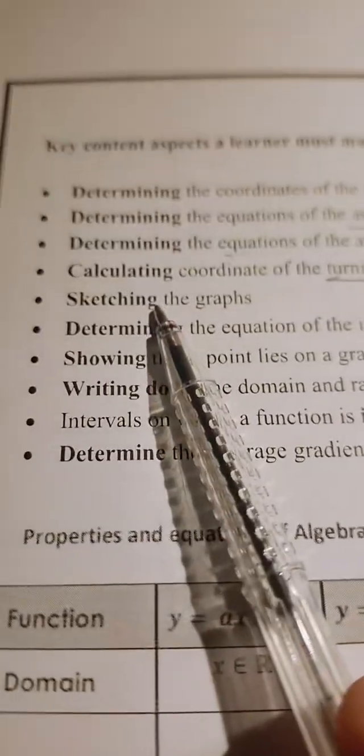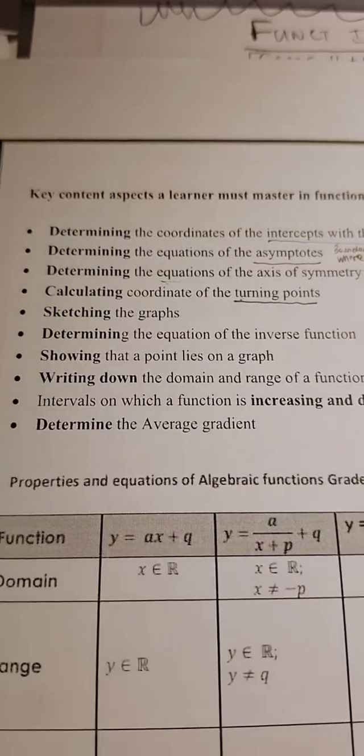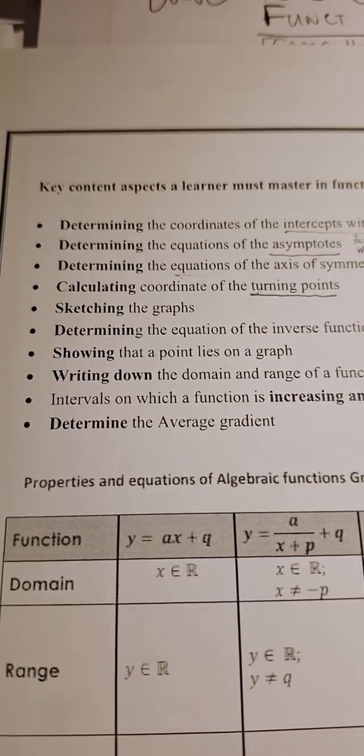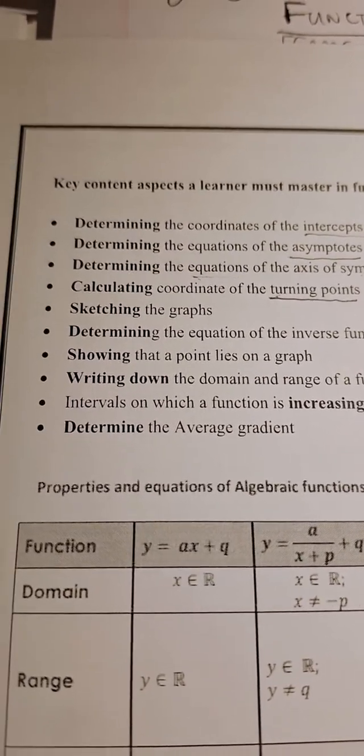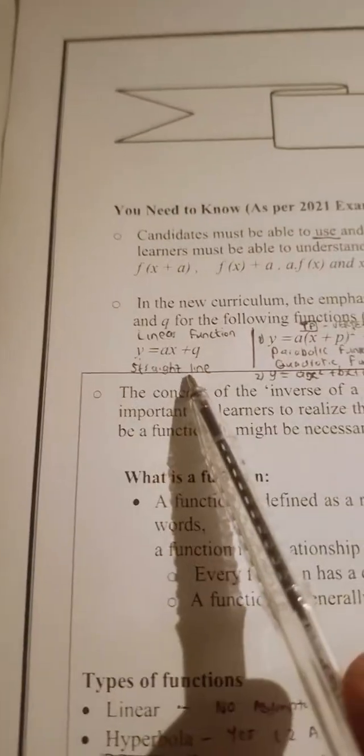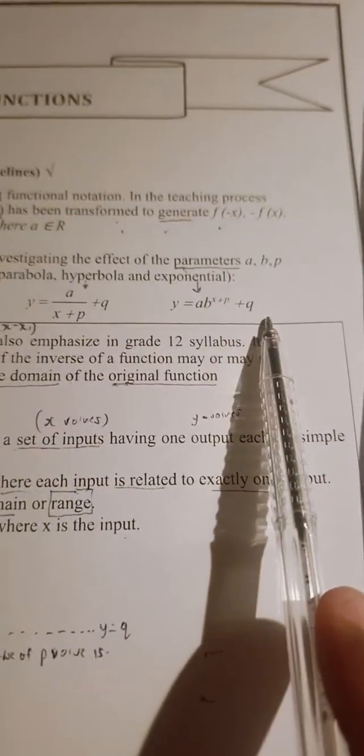Then this one, how to sketch the graphs. Big one. Do we know how to sketch graphs for all 4 functions? Meaning, do we know how to sketch directly from a given specific function?